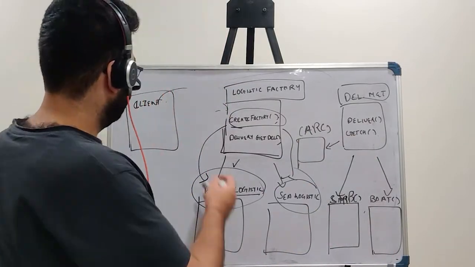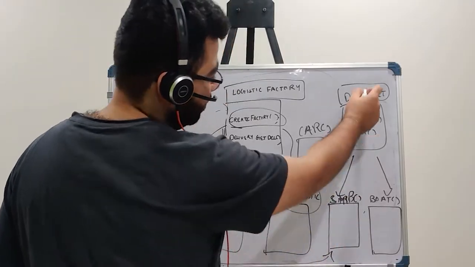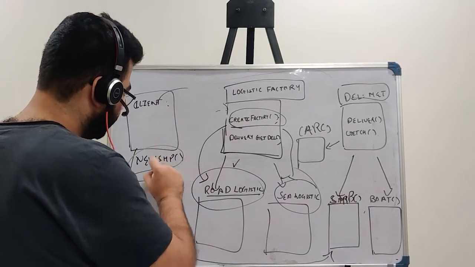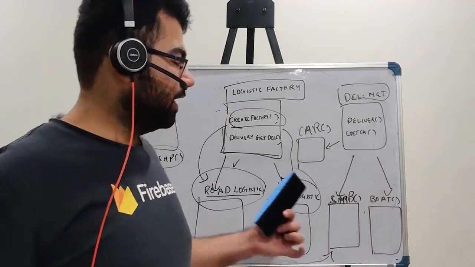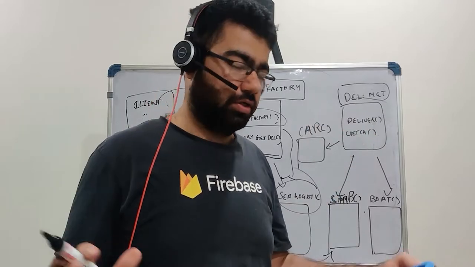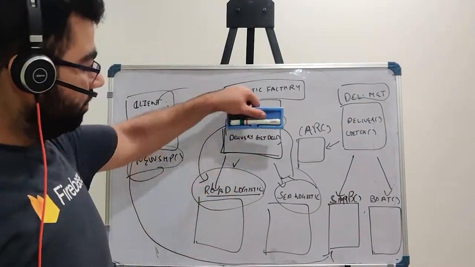Earlier, this client was directly creating one of the objects of this delivery method type, like new ship. Now we don't want this new ship to happen in the client, because the issue is that every time there is some change, we would have to change the client, which we do not want. We want these things to be present in the service side code. So for this we have created this factory.